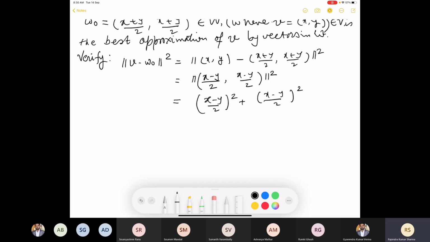So this is (x minus y) square by 4 plus (x minus y) square by 4. When you add up, this is twice of that, so this becomes (x minus y) square by 2.